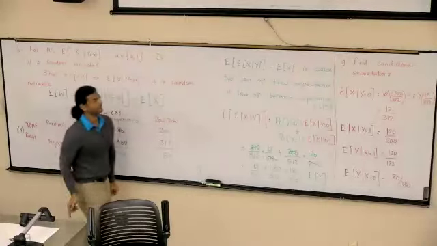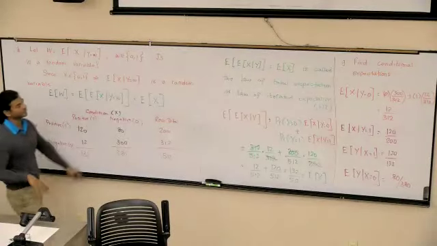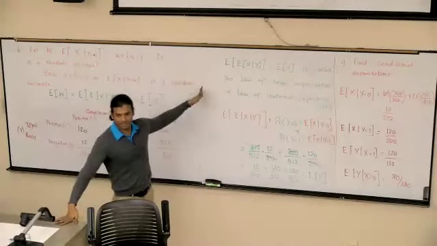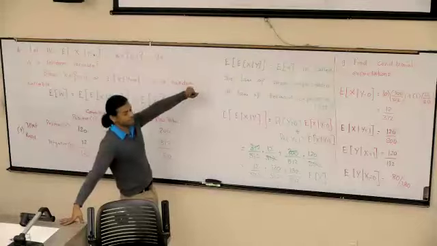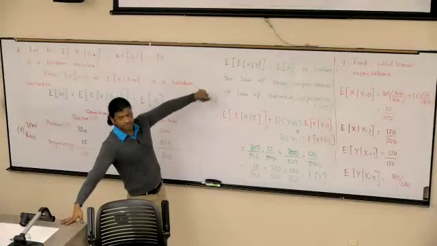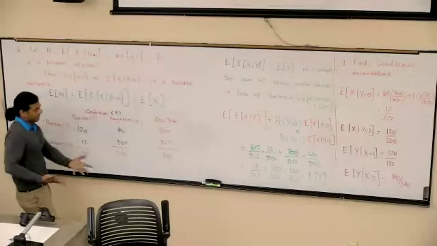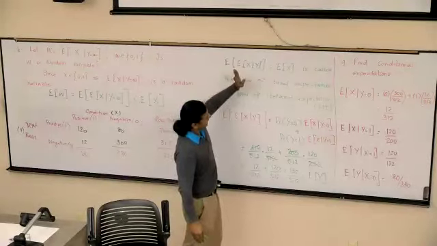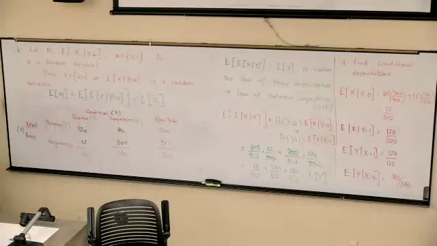Repeat the process. When we get to joint PDFs with continuous random variables, this is easier to show via integration. So I'll do this again when we do it with continuous random variables. Good? So the key to remember is expectation of expectation of X given Y will be equal to expectation of X.